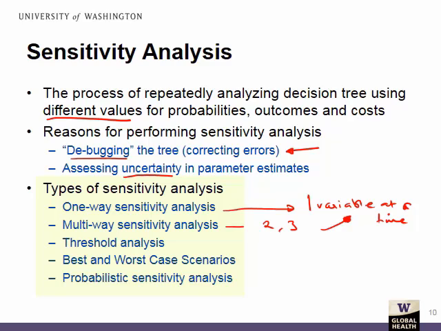Then you have threshold analysis, and you can do best and worst case scenario analysis, and even other scenario analysis if you have a scenario of interest. And then finally you can do probabilistic sensitivity analysis.